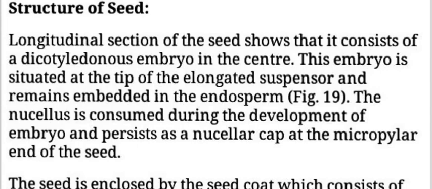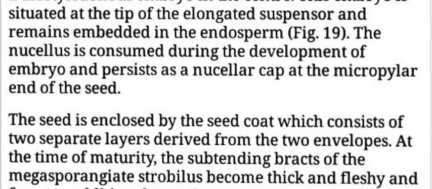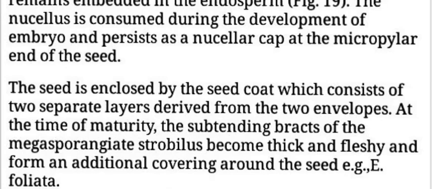When the embryo is developing, the nucellus provides the food, so it is consumed, but it persists as a nucellar cap at the micropylar end of the seed. Seed is surrounded by the seed coat, which consists of two separate layers, which are produced from the two outer coverings or integuments or envelopes.